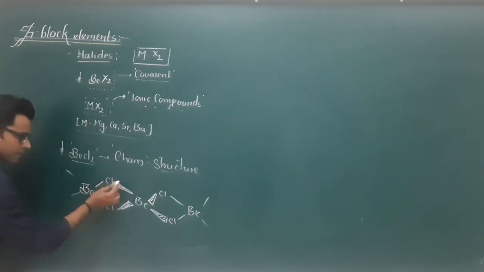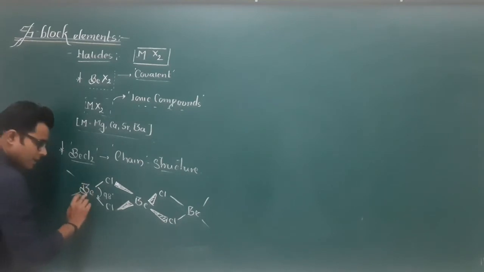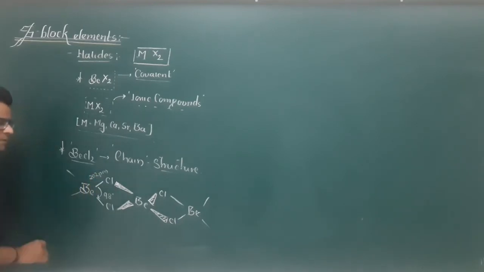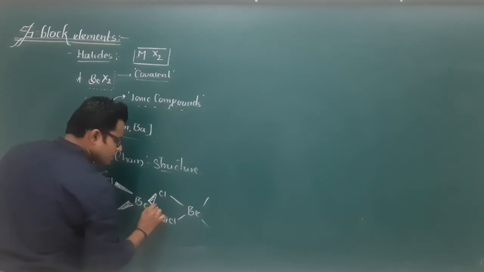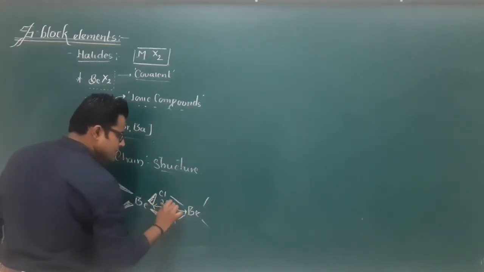Here Cl, Be, Cl, this angle is 98 degrees, while the bond length from beryllium to chlorine is 202 picometers. The distance between the two berylliums is 263 picometers.